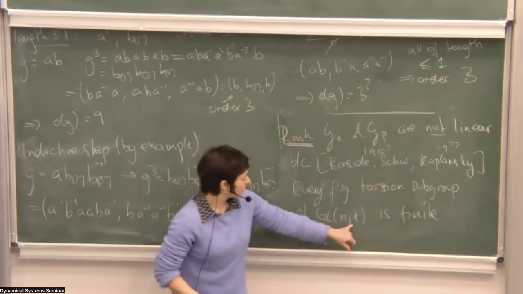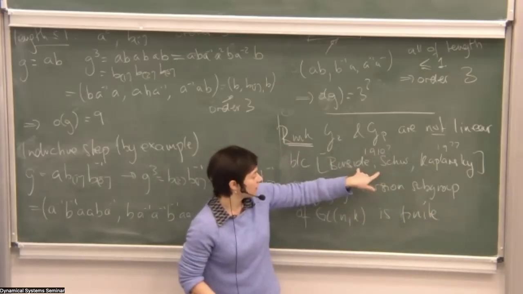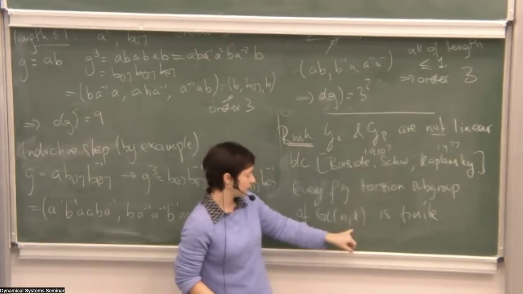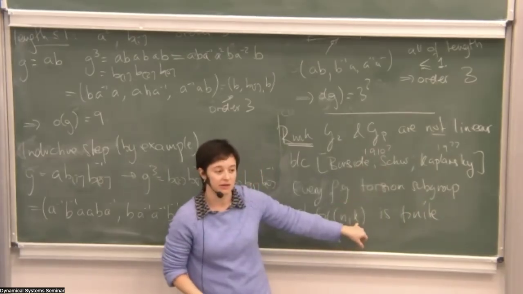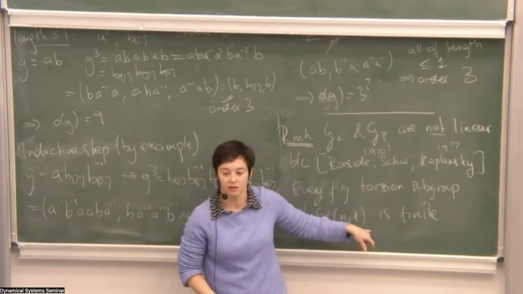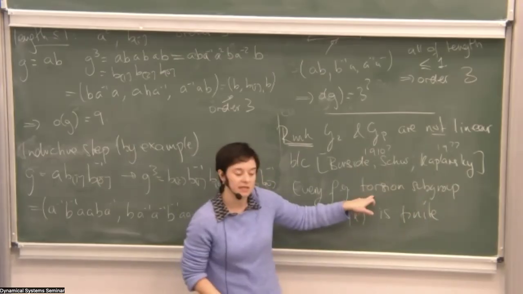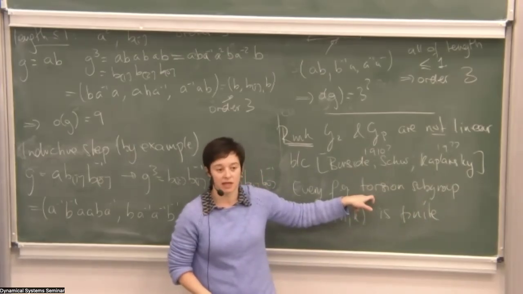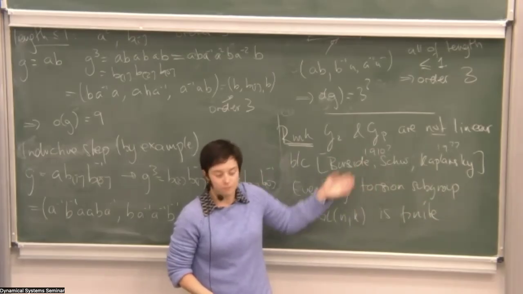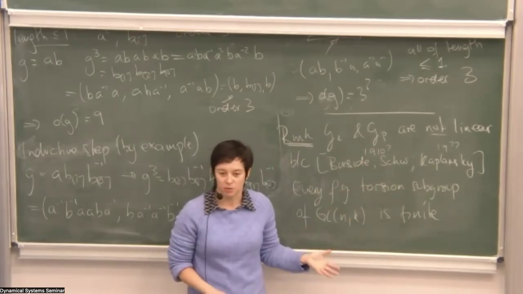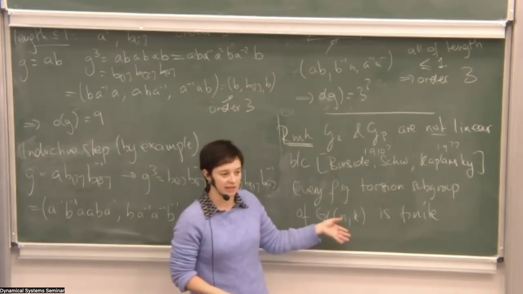This was proved by Burnside and Schur for K a field of characteristic 0, and then Kaplansky proved it for any characteristic. So torsion means every group element has finite order. So this is saying an answer to Burnside's question does not live inside linear groups.